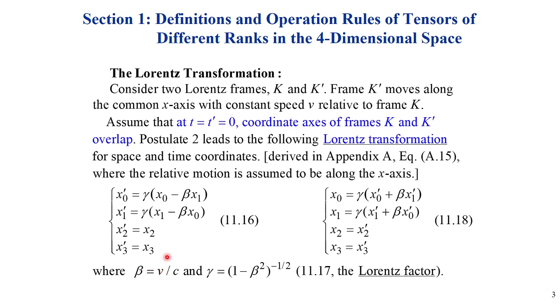The minimum speed is 0. The highest speed is c, the limiting speed, the universal speed of light. So the minimum value of gamma will be 1, and the maximum value will be infinity. That's the Lorentz factor.